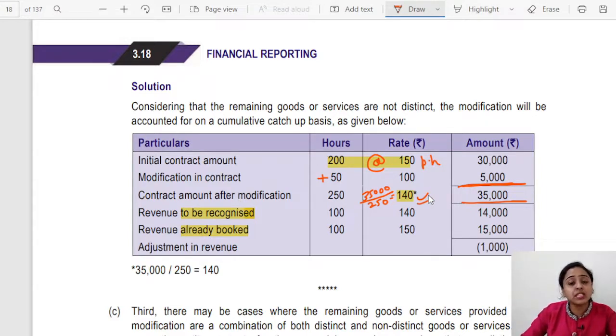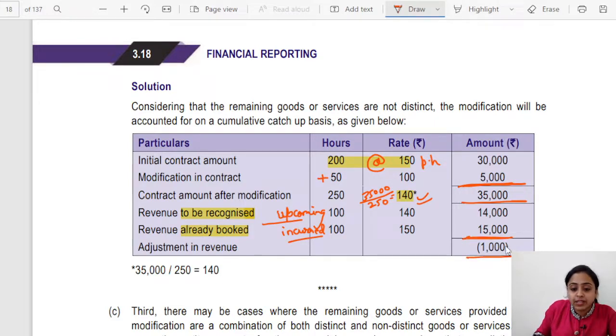The initial first 100 hours were recorded at the previous rate. Now, as per the modification, a new rate will be calculated, that is the weighted average. So the revenue to be recognized is for the upcoming hours, and the already incurred hours are already booked. Are you getting a good picture? Are you able to understand this? Adjustment in the revenue will be 1000 negative.